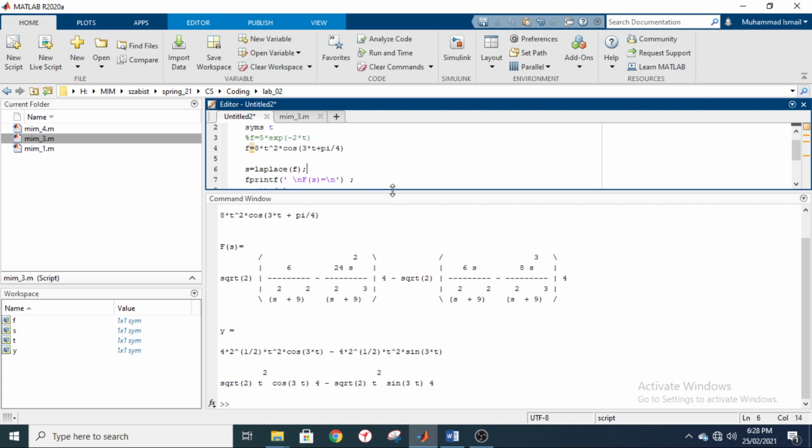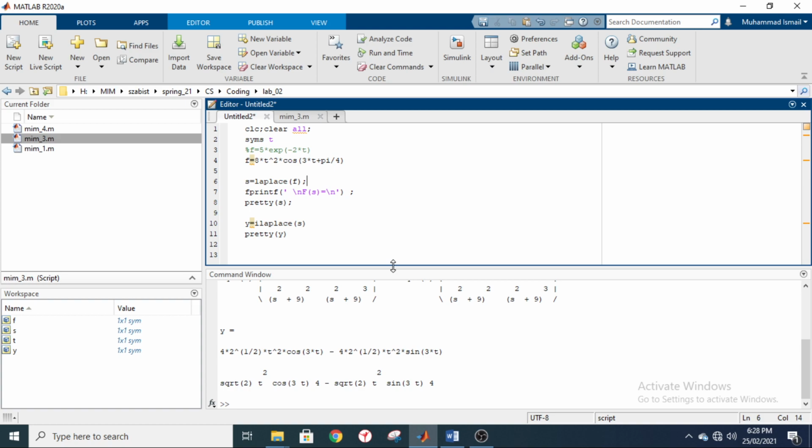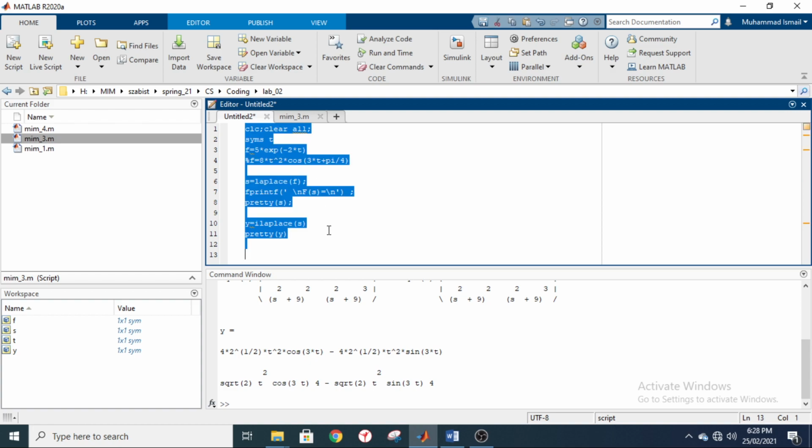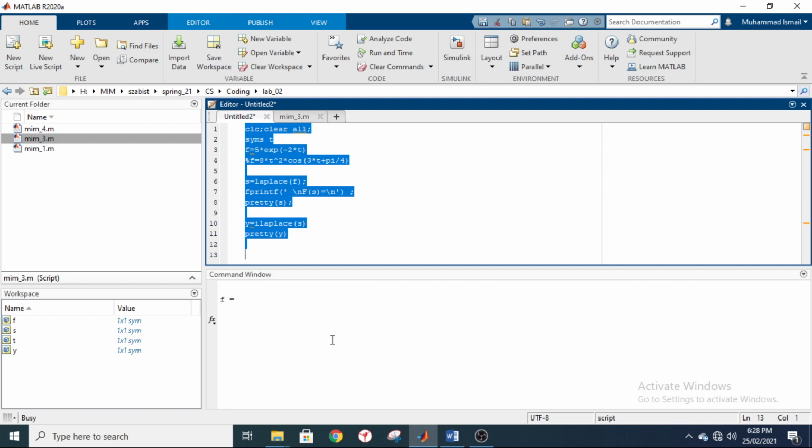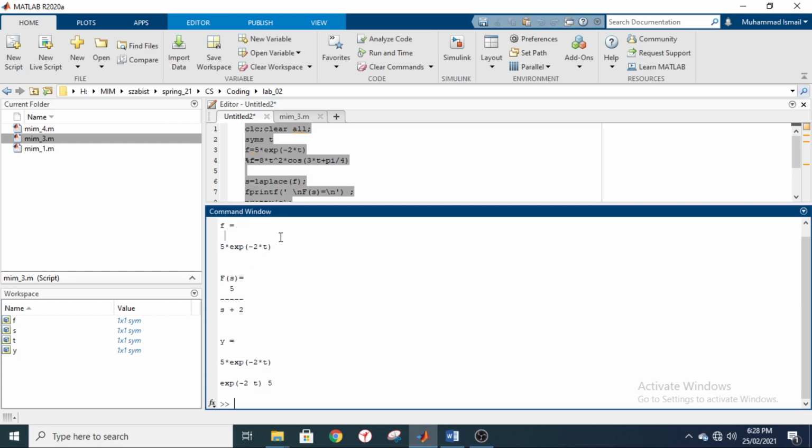Okay, so for the purpose of a simple equation, let me use the first one, and now if we run it, I hope we will get the exact same answer. Okay, let's say this is your main expression, and when you take the Laplace of this it is 5 over s plus 2, and then you again take the inverse Laplace, then you will end up with this expression. Okay, thank you.